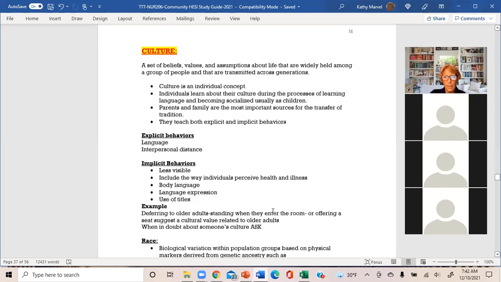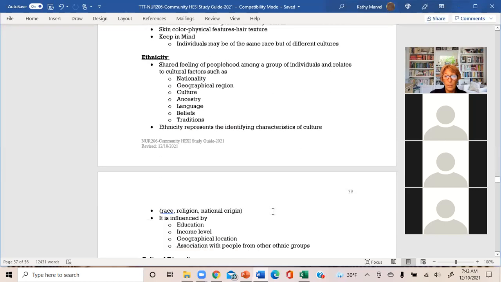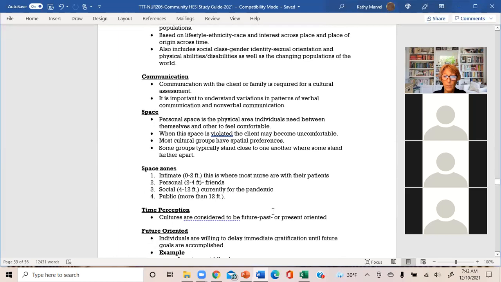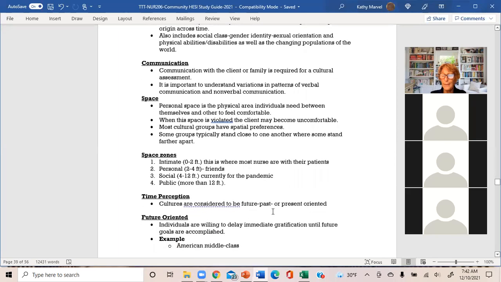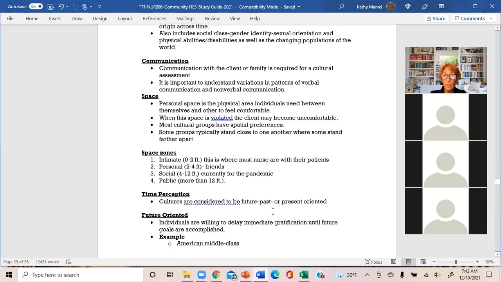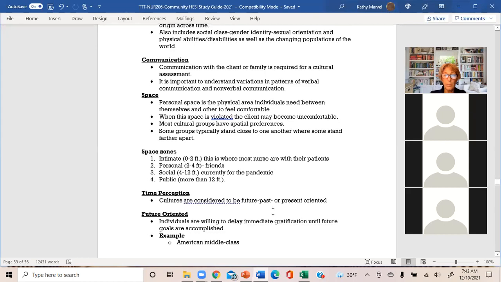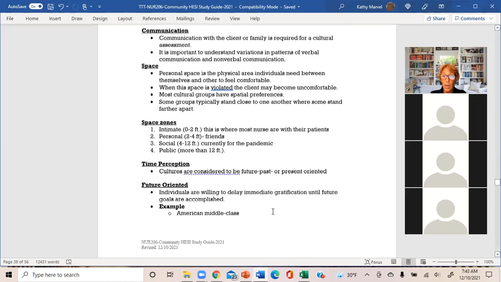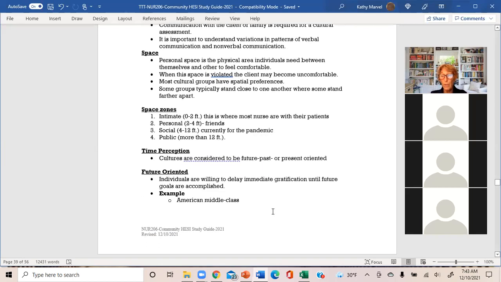Okay, so this whole section of culture goes through cultural competence, cultural incompetence, and then how do we develop cultural competence? Okay, there are certain cultures. Do you remember that box in the cultural competence chapter that talked about different cultures and some of their practices based on communication, based on space, personal space, time perceptions of a future oriented, present oriented?